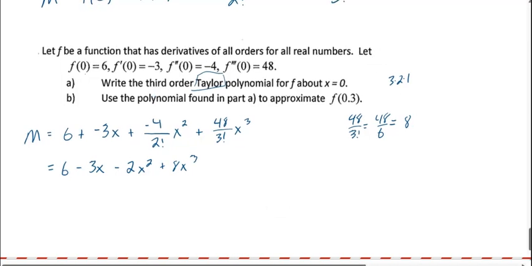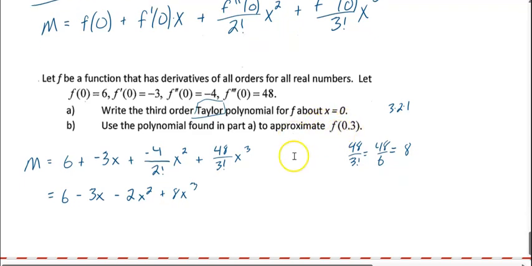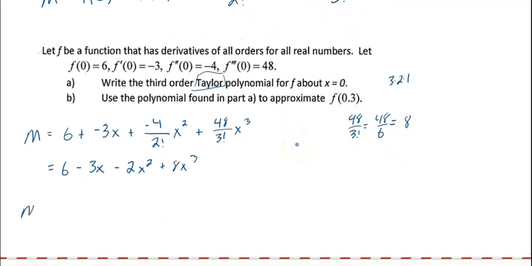As long as I know this little formula that we wrote down up there, we can work out what that series is. And then it says use the polynomial in part A to approximate f of 0.3. So I'm going to write M of 0.3 and plug in x equals 0.3.